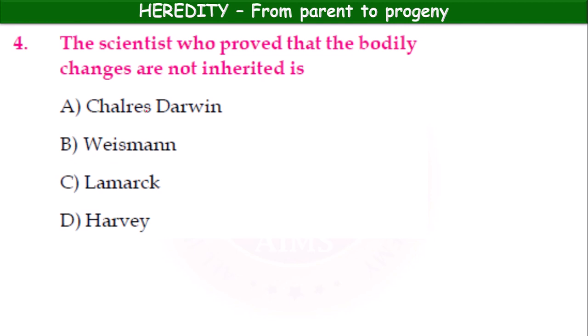Who is that scientist? Charles Darwin, August Weismann, Jean Lamarck, William Harvey. Who? August Weismann. Okay. The changes which take place in the germplasm only will be transferred to the next generation, but not the changes in the somatoplasm. That was the theory. Okay.